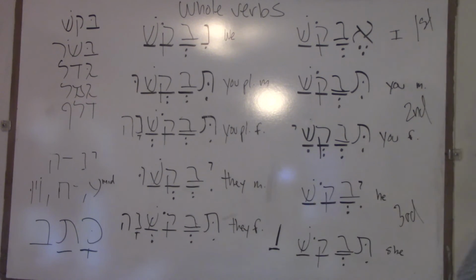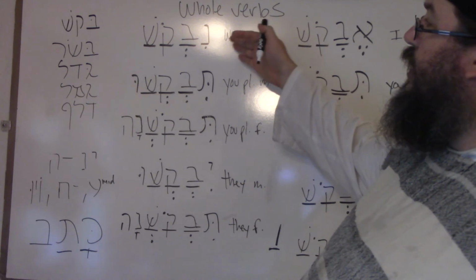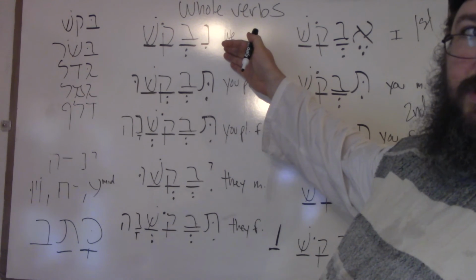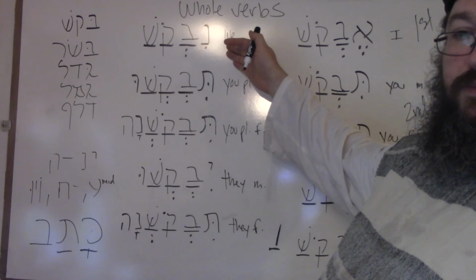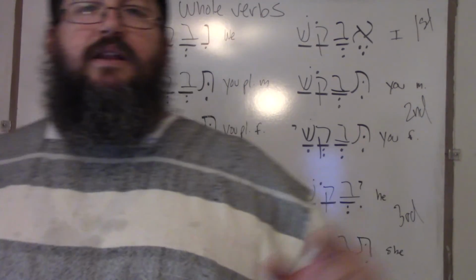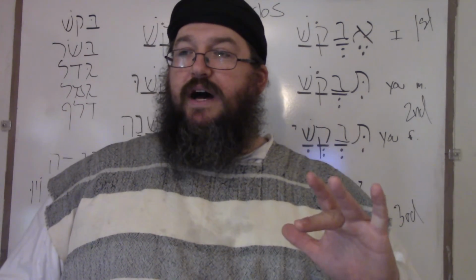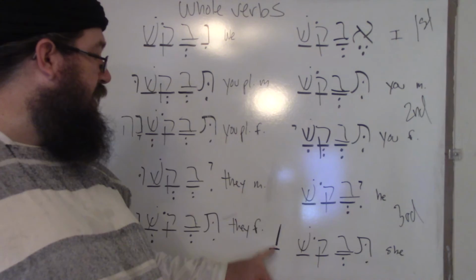And therefore, you can make any of these whole verbs, which are in the future tense form, immediately become a past tense statement by just putting a Vav with a patach right underneath it.